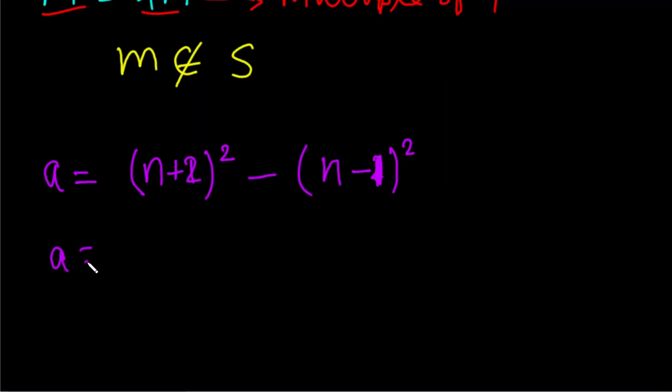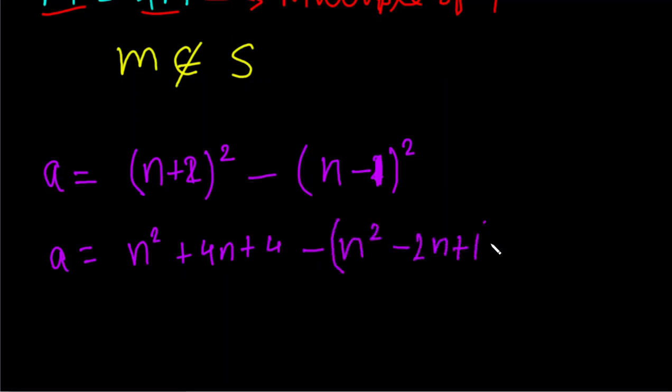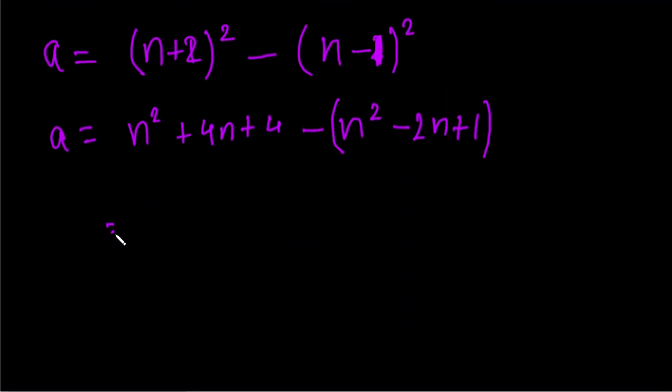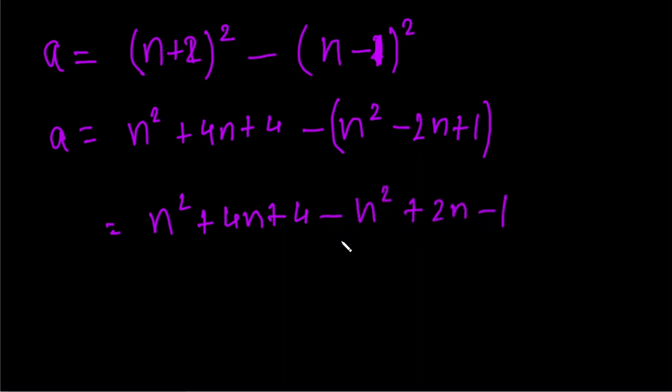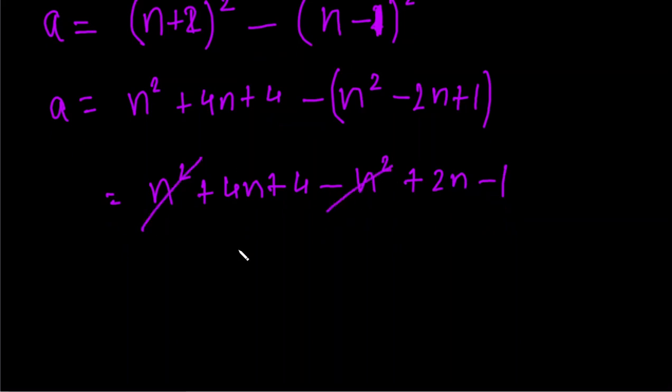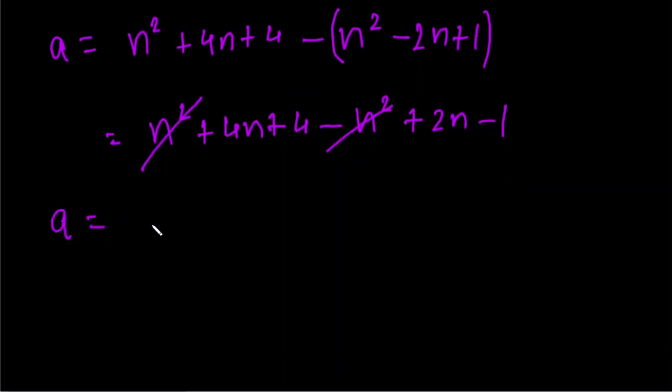So a would be equal to n squared plus 4n plus 4 minus n squared plus 2n minus 1, and the n squares get cancelled, and you can see that a is equal to 6n plus 3, which is just 3 times 2n plus 1.